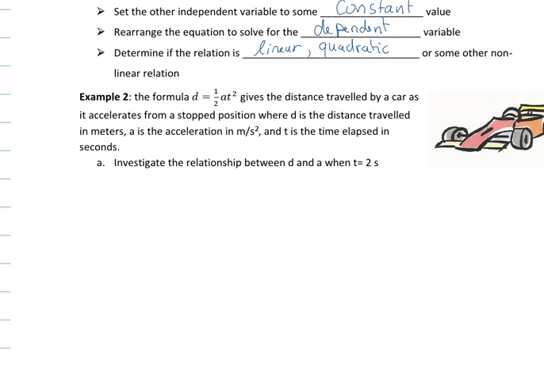Looking at this, which one is your dependent variable? D. D is my dependent. This is where it's by itself, right? What does it depend on? A and T. So the distance depends on the acceleration and time. Are we okay with this? Do we understand that part?